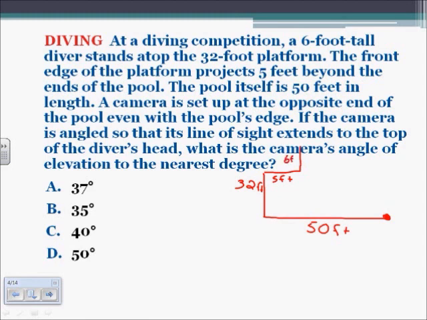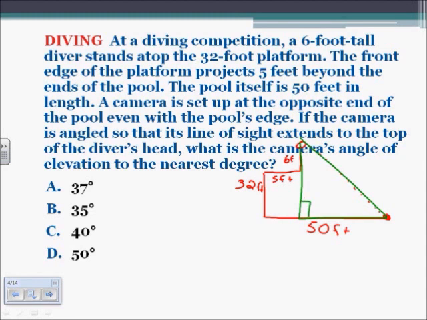So we have a little diver here. We have the diver itself to the camera as the angle of elevation. So the triangle that I'm really looking at, we'll put in green here from the top going down over to the right and back up. This is really the triangle that we're trying to solve.